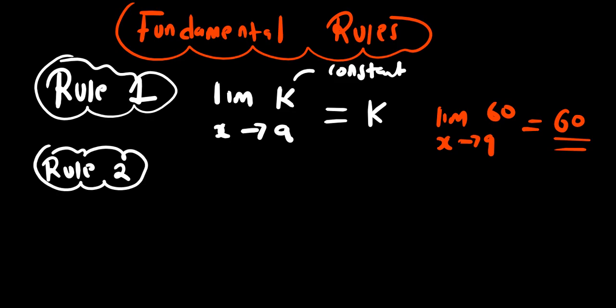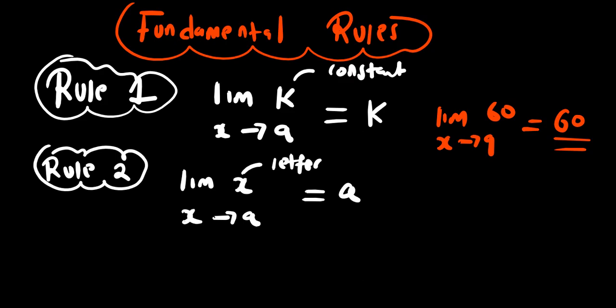Then if you're finding the limit of a letter, let's say the limit of x as x is approaching a. Because x is a variable in this case, you are going to get a and replace where x is.